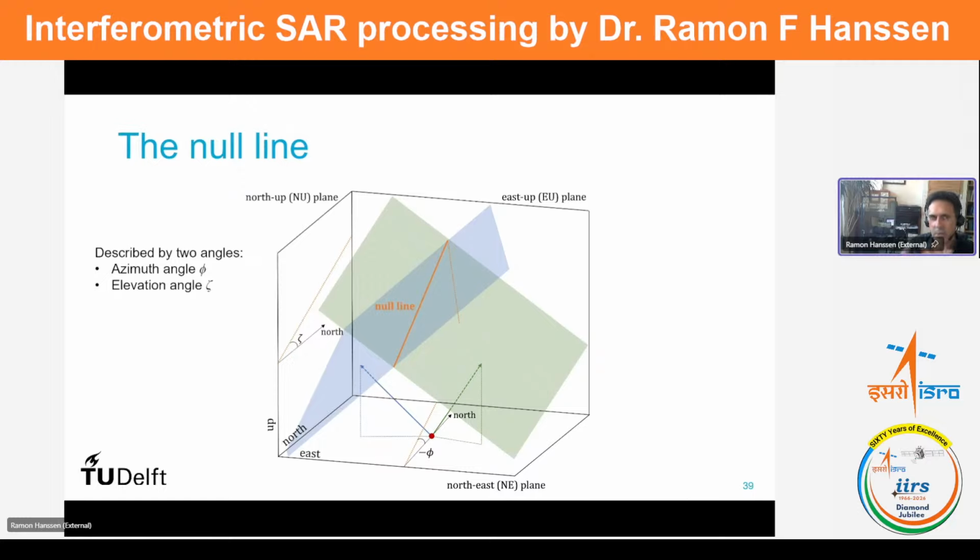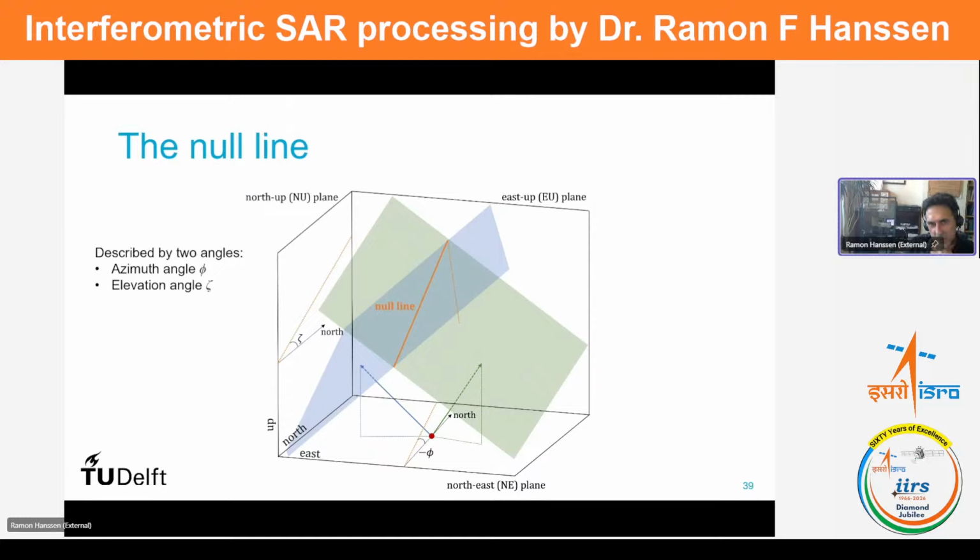And the null line is a concept that has not been discussed much in literature, but this is an important parameter for a particular mission. So also for ISAR, we will be able to compute the null line for different locations on Earth. And it will be different because it is a left-looking sensor. So if we have a line, then basically we can describe that line by only two angles, which is the azimuth angle and the elevation angle.